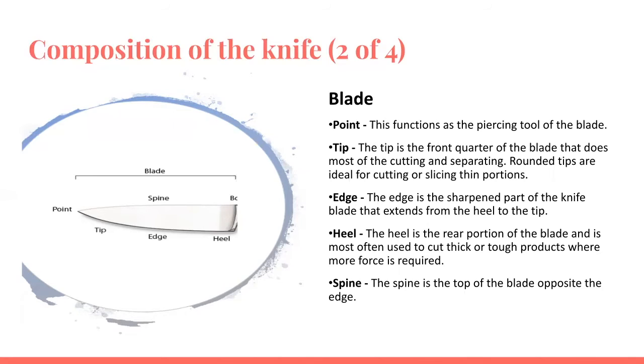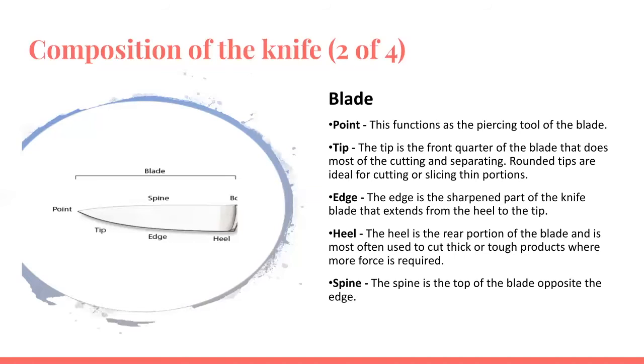This point is very useful when trimming vegetables. That's why I'm holding the blade, for using the point of the blade. And this point is the end of a blade, so it easily gets damaged or broken, so you have to pay attention.